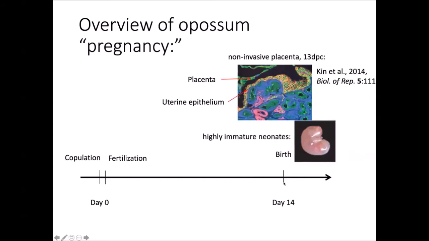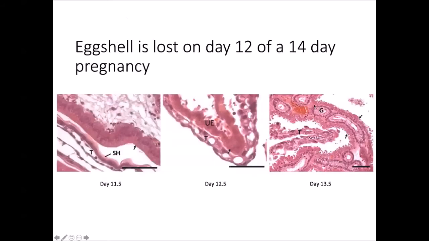It's quite typical for many marsupials, about 2 weeks from fertilization or copulation to birth, giving rise to quite immature neonates. And here's a histological picture from a student of mine where you see the uterine epithelium is easily detached from the placental epithelium.